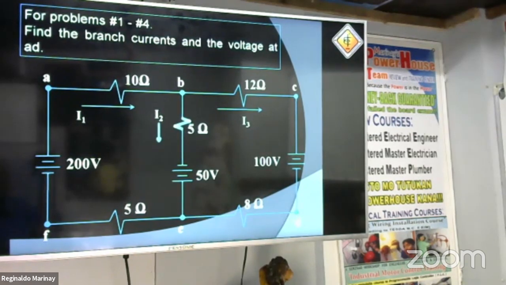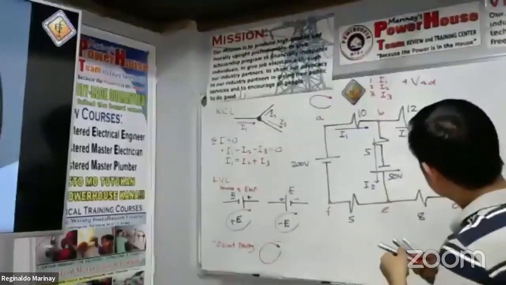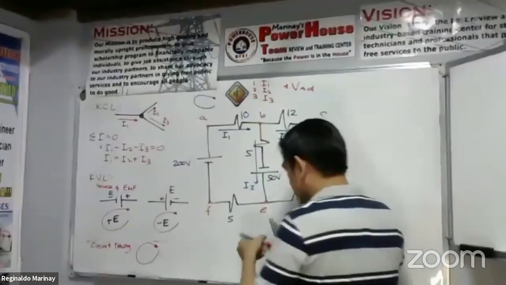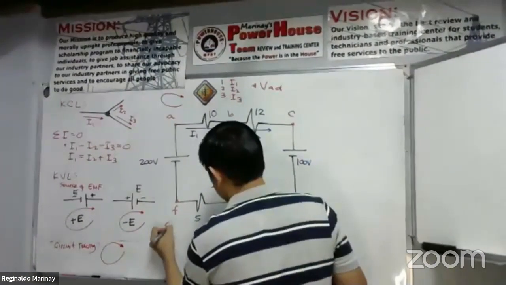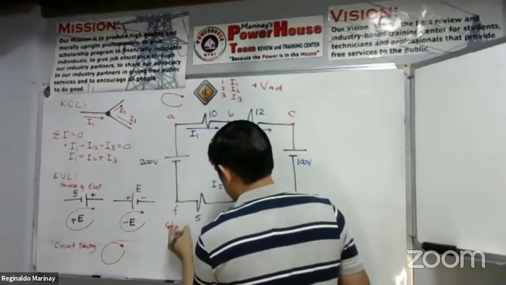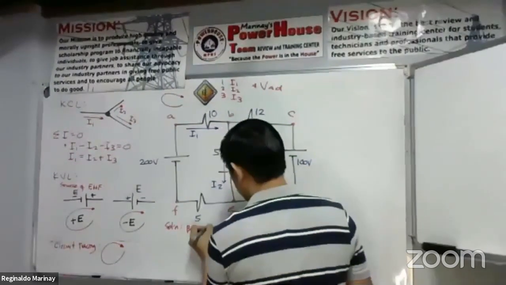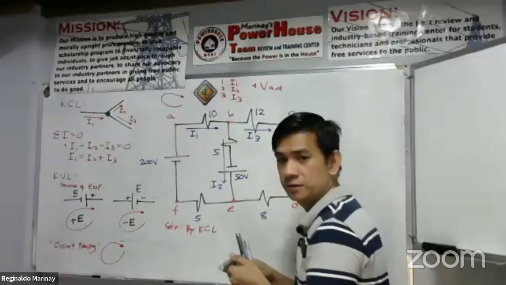For number 4, we are asked to find here, I think, voltage from A to D. That is the question. We'll be solving this problem. Okay. First, by current law.